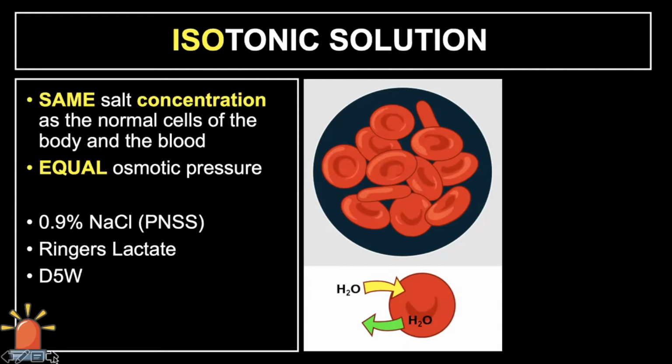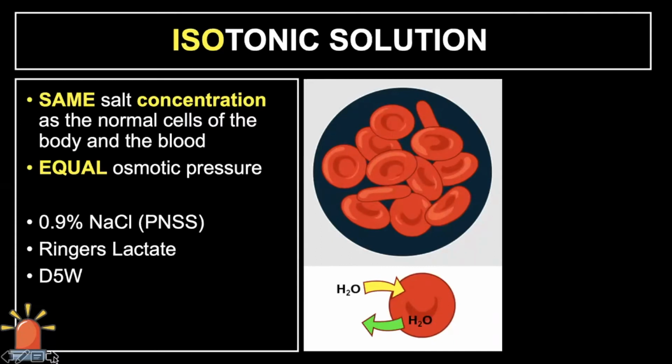Some journals would say that they have the same salt concentration as the normal cells of the body and the blood, so they also have equal osmotic pressure. For example, 0.9% sodium chloride or the plain normal saline solution. Next, we have Ringer's lactate and D5 water.